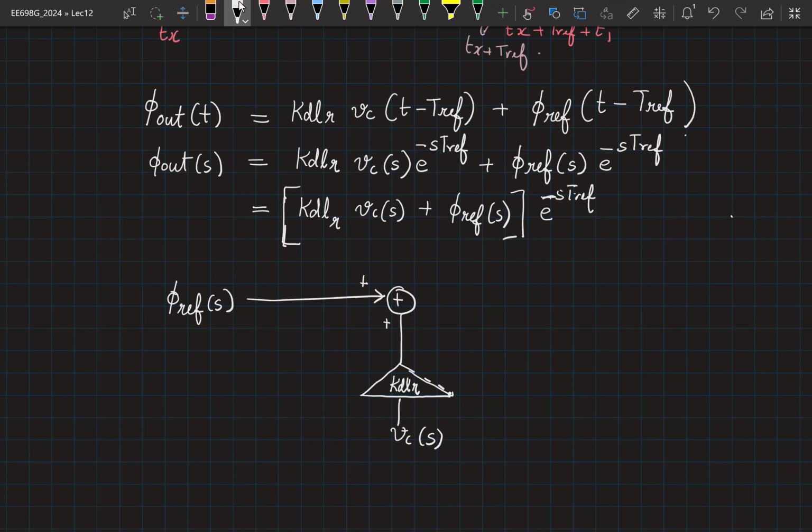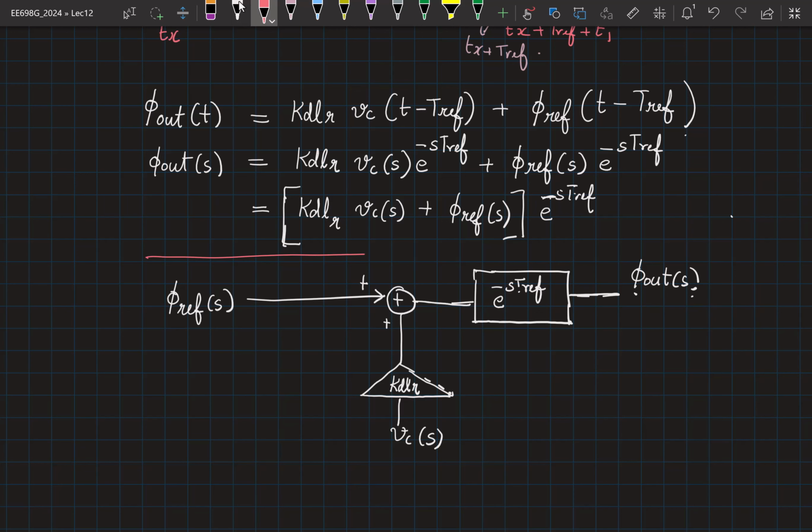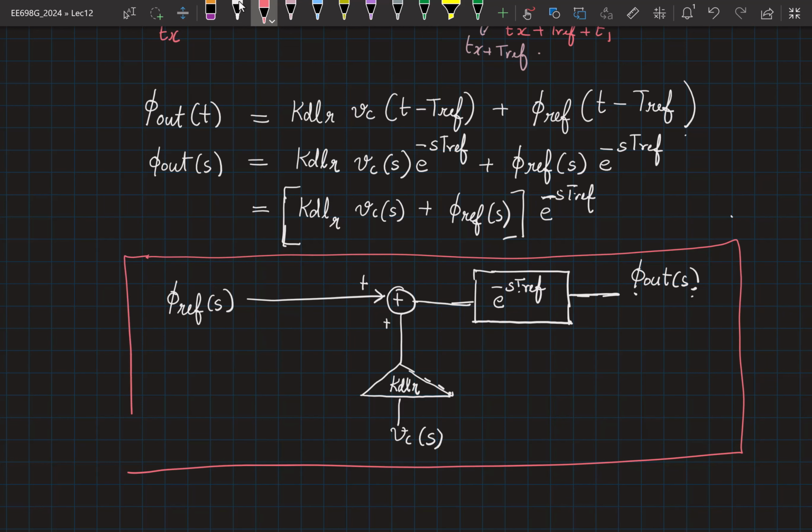Both of these are added together, and then this is delayed by a delay of Tref. This gives you phi out of S. So this is your model for the VCDL.